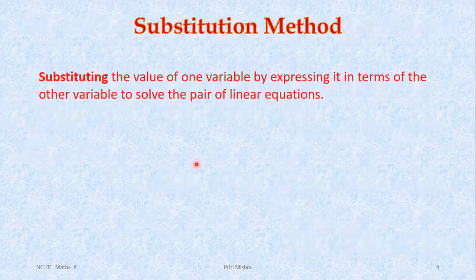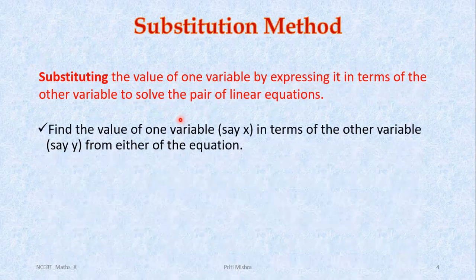Substituting the value of one variable by expressing it in terms of the other variable to solve the pair of linear equations is known as the substitution method. Let's find out what all steps we have to follow for this method.